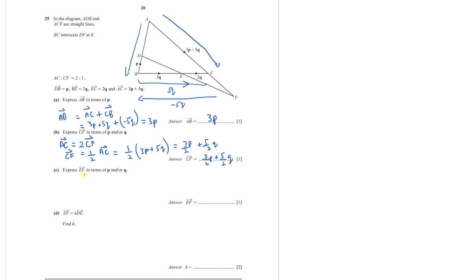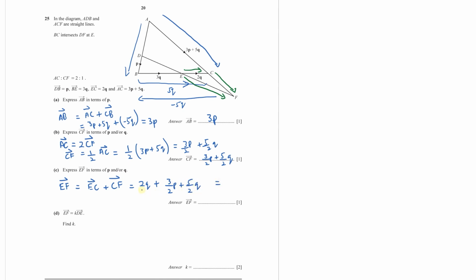Part C is express EF in terms of P or Q. So EF is this vector here. And I can write EF as this vector EC plus this vector CF that we found in the previous part. So EC is 2Q plus CF, which is 3 by 2P plus 5 by 2Q.